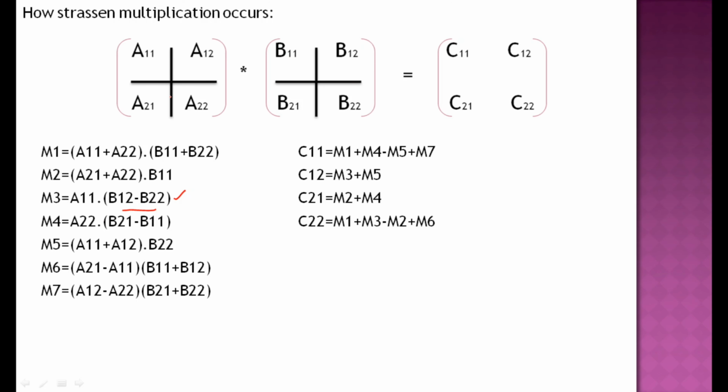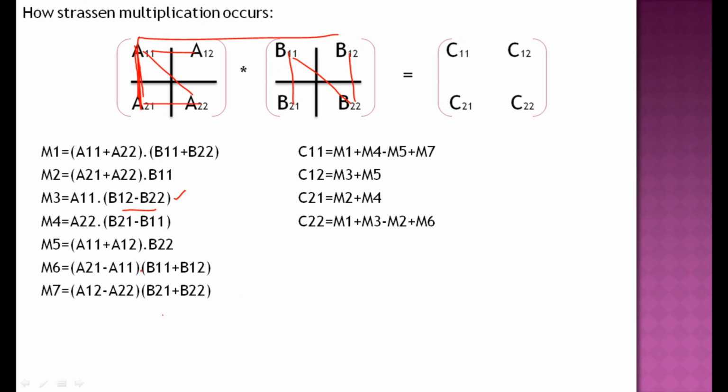Here these diagonal values are used, next these horizontal values are also used, and here these vertical values are used. Next, coming to these horizontal values and these vertical values. First, a21 minus a11, that means this vertical; when we take this as vertical, then we have to take the other horizontal. So (a21 minus a11) into (b11 plus b12). I think you understood it.